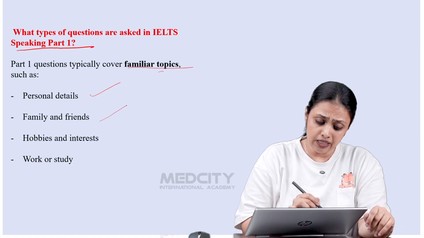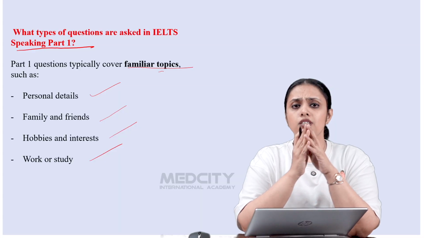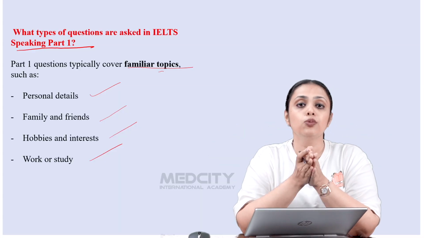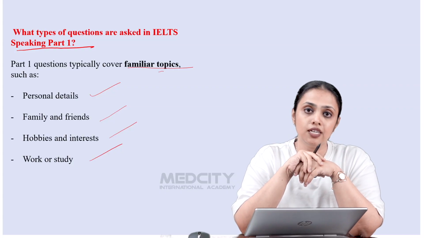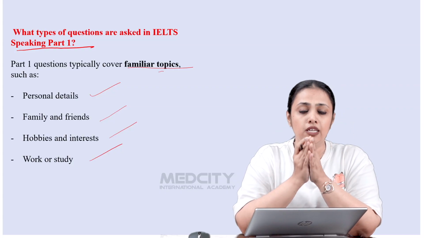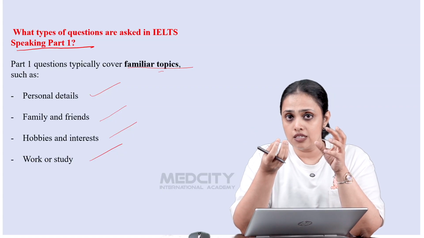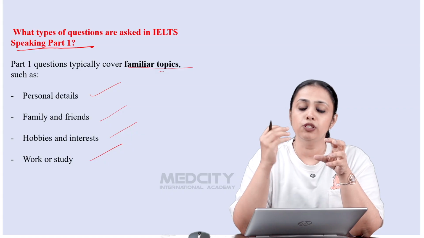Then it can be about family and friends, hobbies and interests, work or study. We cannot give a complete all-inclusive list of what topics will be included in part 1 of speaking. It can be anything, but it will be familiar. The questions asked based on these topics would be familiar. It will be related to you, so you would be able to answer.